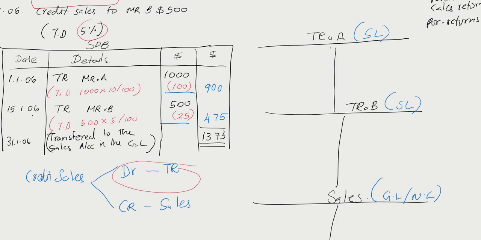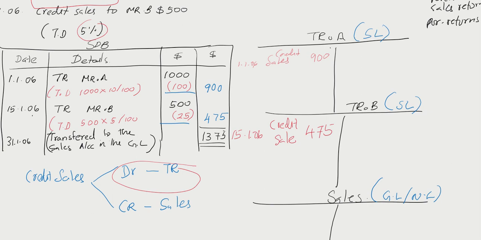Now let's debit it. Go to the debit side, 900 for A, which occurred on 1/1/06, opposite account's name, sales or credit sales. Over here on 15th again, another credit sale to B, which is 475.